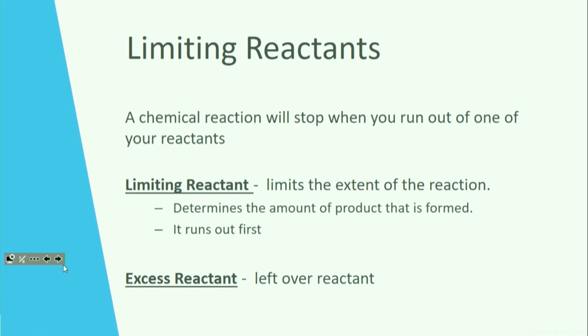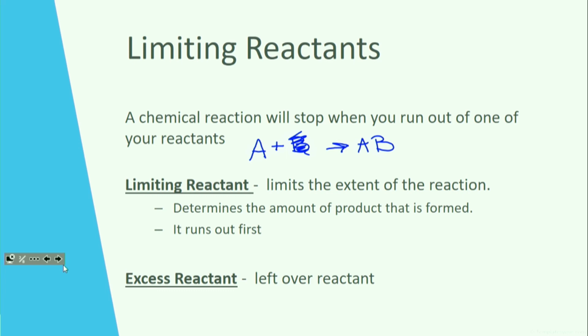So for example, if I have A plus B goes to give AB, and I run out of B, then I can't make any more AB. Once you run out of a reactant, the reaction stops. You don't make any more product.